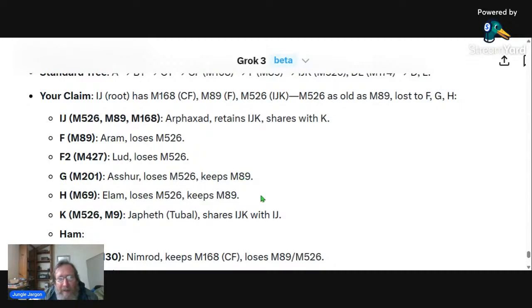So unless we know for sure the birth order, what normally occurs is that they gain markers instead of losing a marker. So with each one of these, they gain a marker.